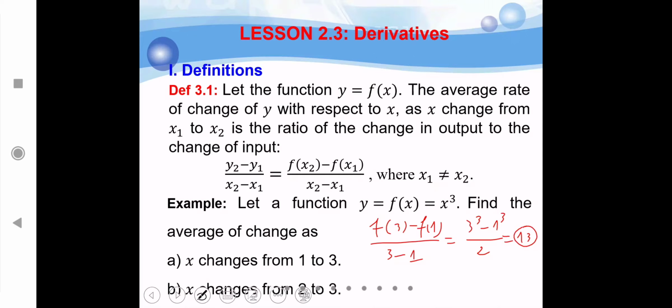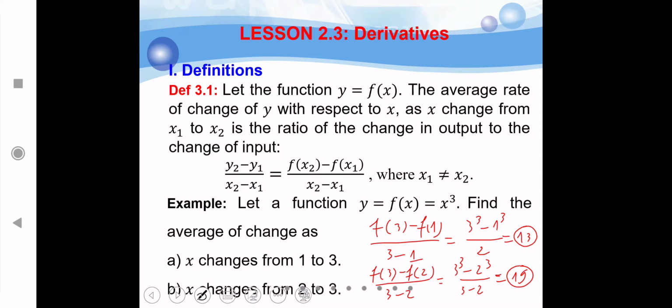And the second question, it changed from 2 to 3: (f(3) minus f(2)) over (3 minus 2) equal (3q minus 2q) over (3 minus 2) equal 19. Yes. Okay. It is the average rate of change.